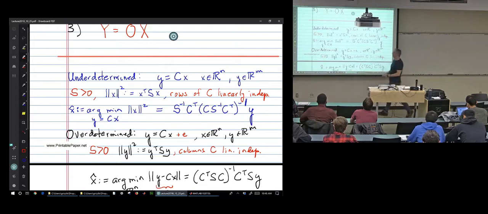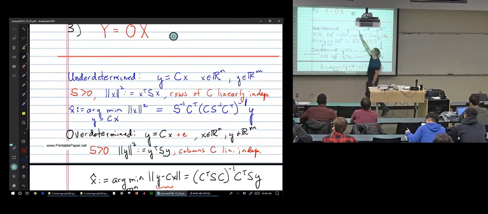So there's an infinite number of solutions. I'm doing weighted least squares, so I've got my positive definite matrix, and I define the norm squared via an inner product. So that these equations are consistent, I have the rows of C linearly independent.